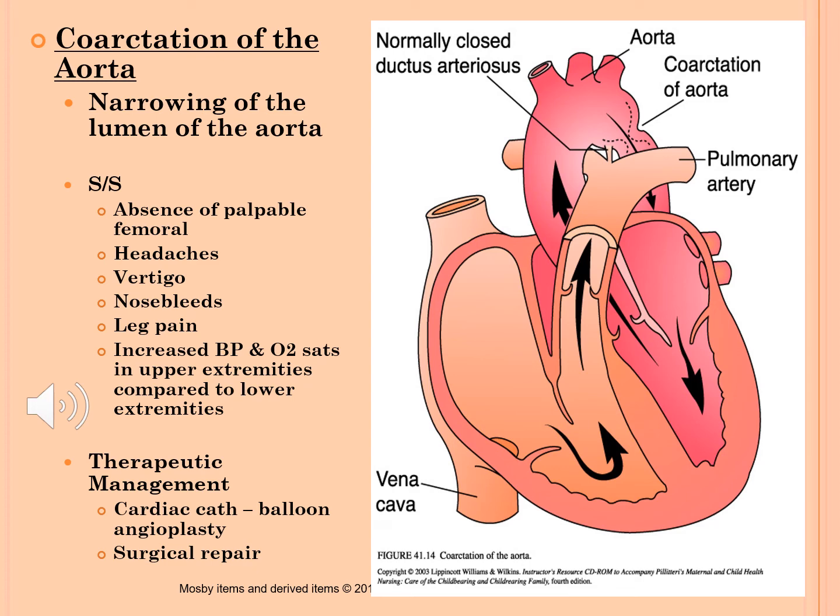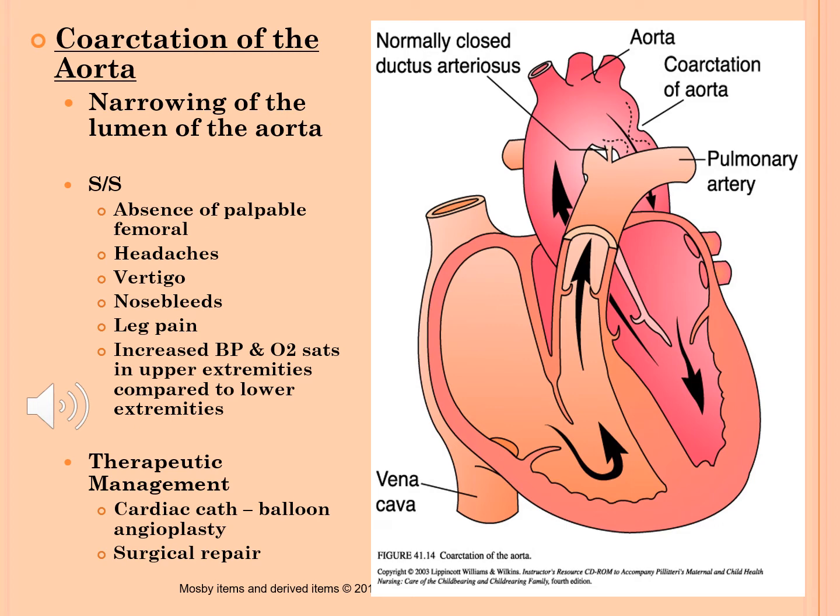Is it more red or is it more blue? With coarctation of the aorta, there is a narrowing of the aorta as it nears the ductus arteriosus due to a constricting band. So there's a narrowing of part of that aortic arch, or just beyond the aortic arch, right around where the patent ductus arteriosus would be.